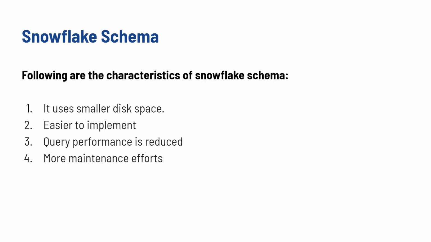The main benefit of snowflake schema is that it uses smaller disk space. It is easier to implement when a dimension is added to the schema. Due to multiple tables, query performance is reduced. The primary challenge that you will face while using the snowflake schema is that you need to perform more maintenance effort because of the more lookup tables.